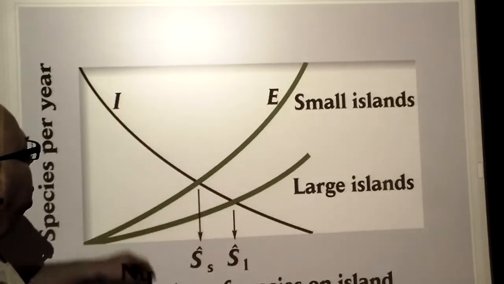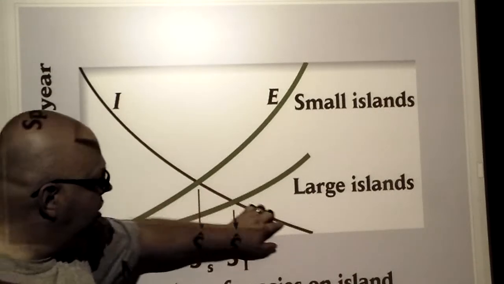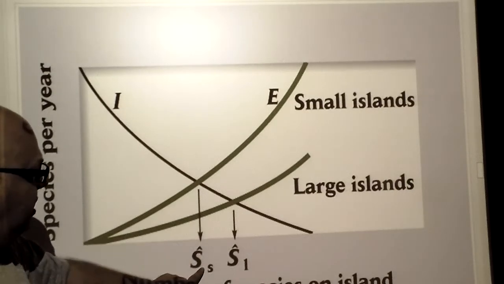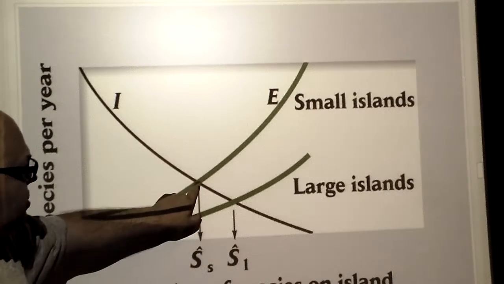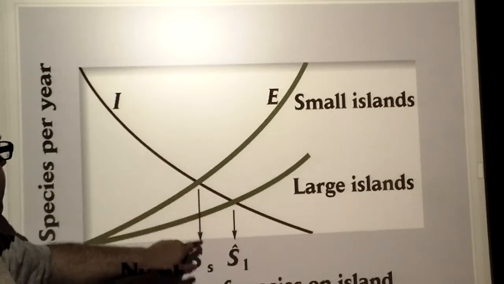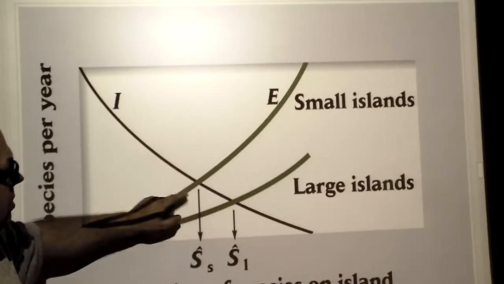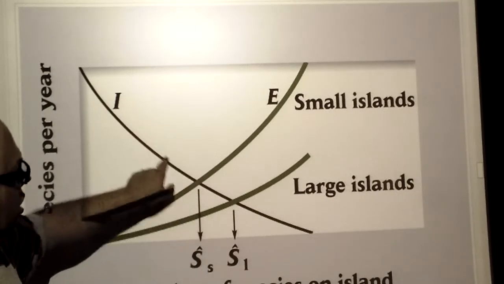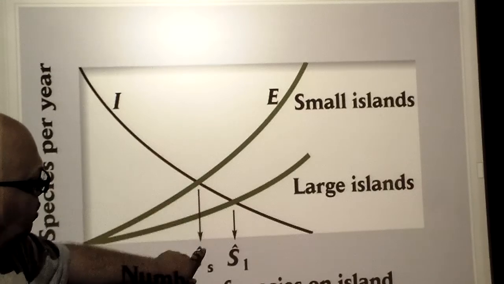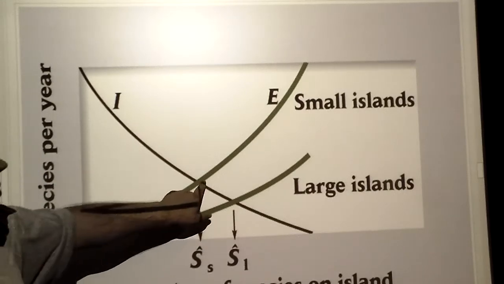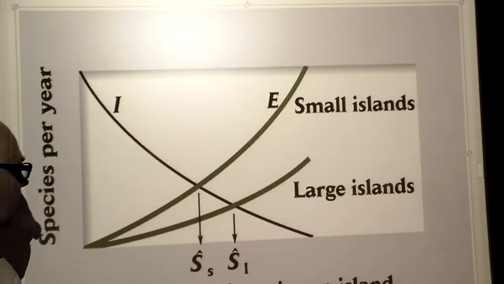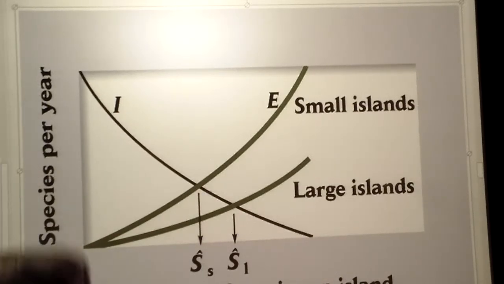So at some point, if we're comparing with the immigration, assuming it's kept roughly the same, the number of species on the island for a small island is going to reach equilibrium sooner. In other words, extinction's higher, you've got the immigration, so that equilibrium point is at a different location compared to the large islands. Okay? And here we have species per year, number of species on the island.